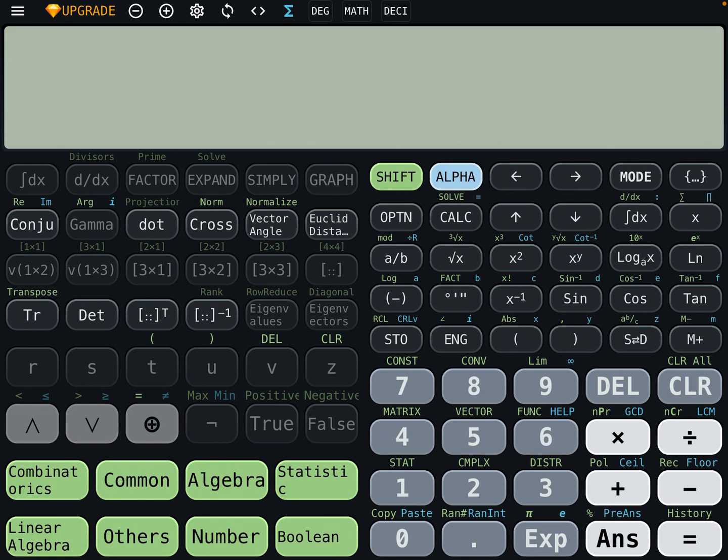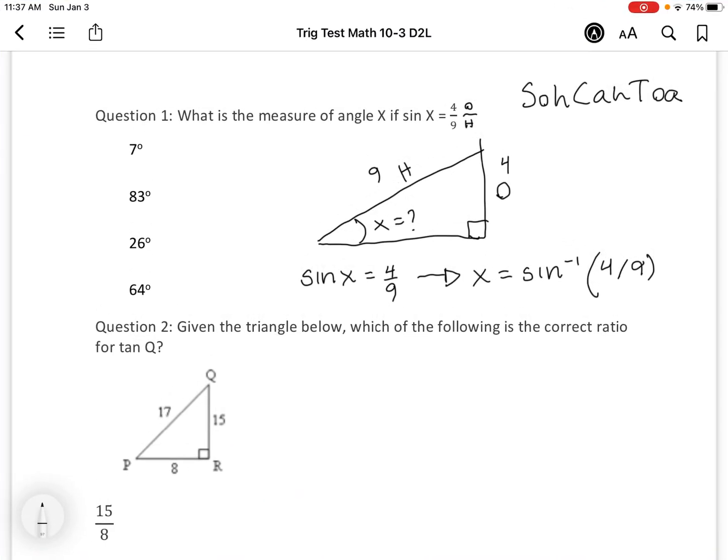At the top you can see that my calculator is in degree mode, the DEG at the very top, and that's really important. I hit shift and then sine inverse, then 4 divided by 9, close the bracket, equals, and you can see it's 26.38. Going back to my options, 26 degrees is the one that works. So that's 26 degrees.